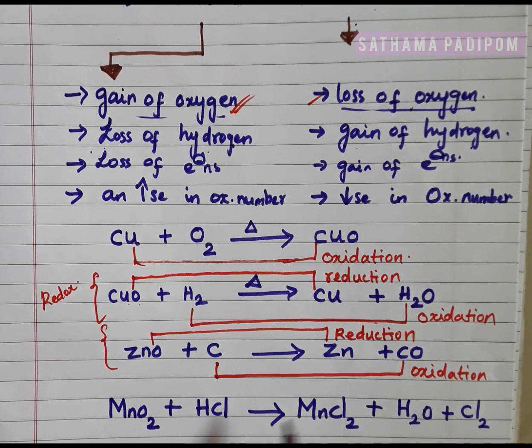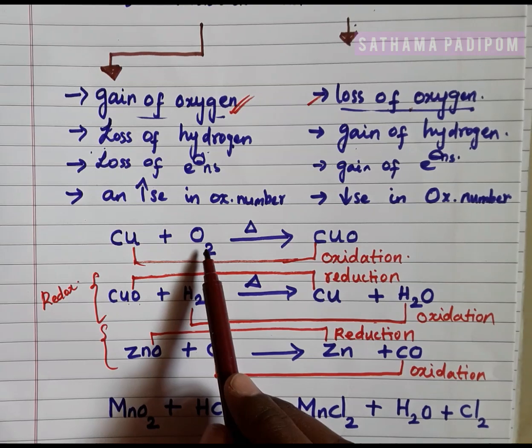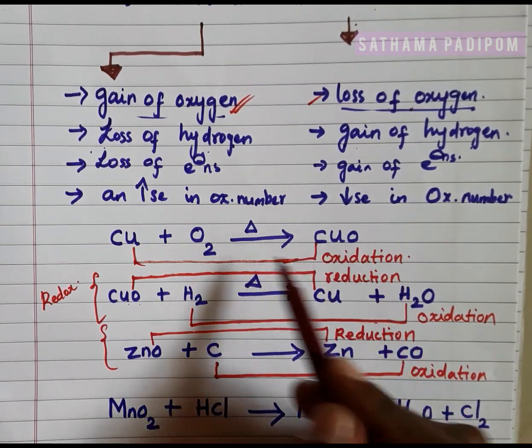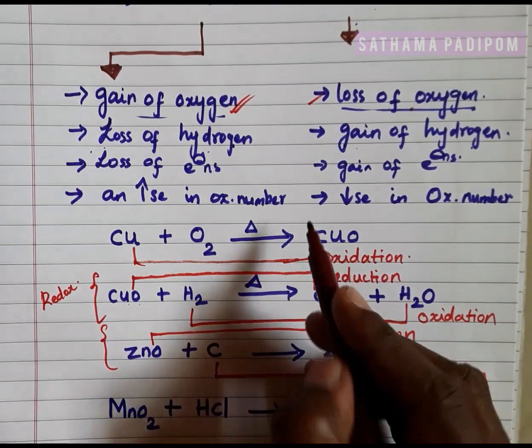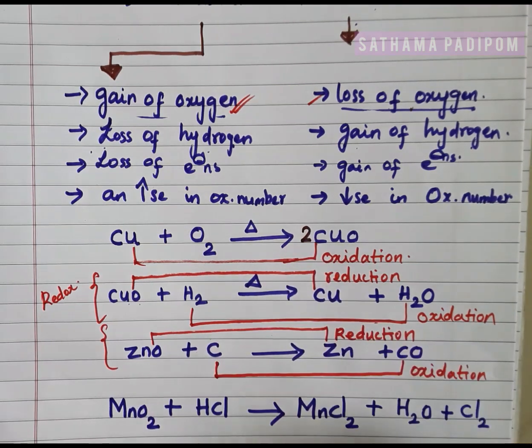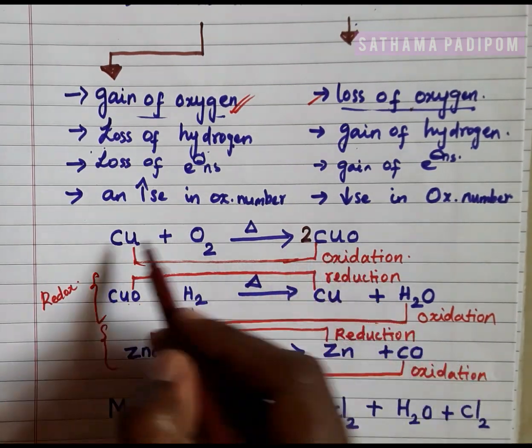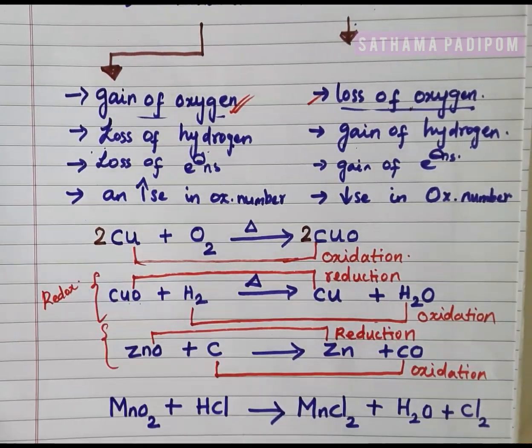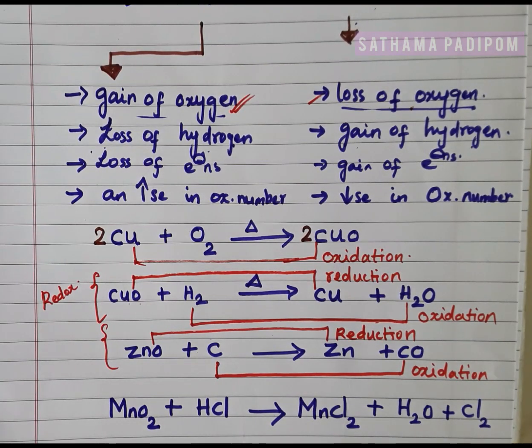It is not balanced. Even in the equation Cu plus O2 giving CuO, when we balance, what will happen? Here O2 is there, here only O1. So I am adding 2 here, so that there are 2 Cu here and 2 Cu there. The equation is balanced. Now for this equation, look at the chlorine, which is 2, and hydrogen, which is 2, while here hydrogen is 1 and chlorine is 1.